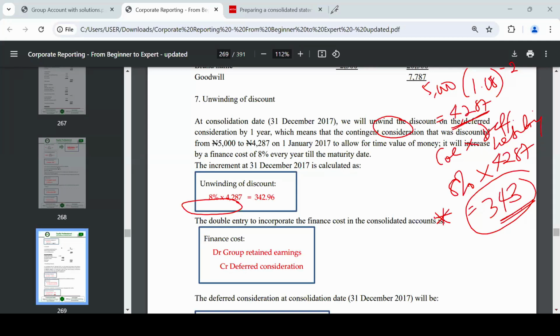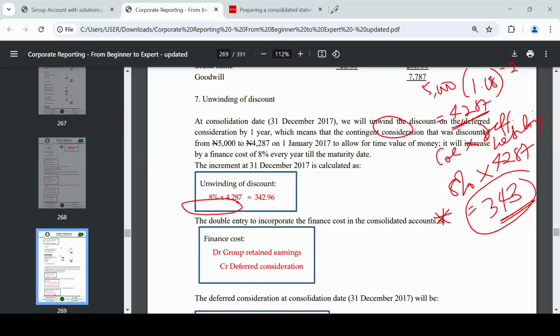Do you get that? Even if it is contingent, you will still recognize a liability. I believe I'm the one who is going to take you through IAS 37. We're going to do that under IAS 37.